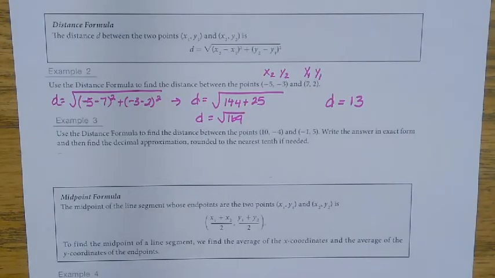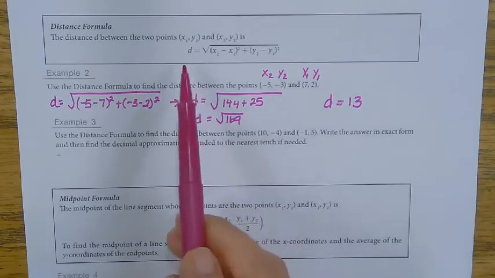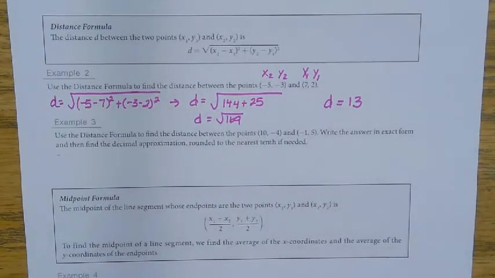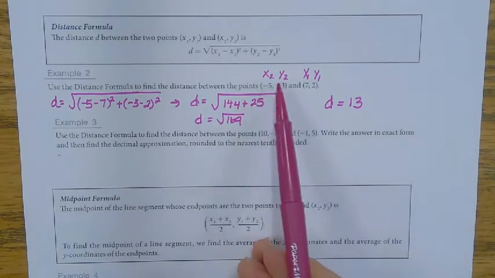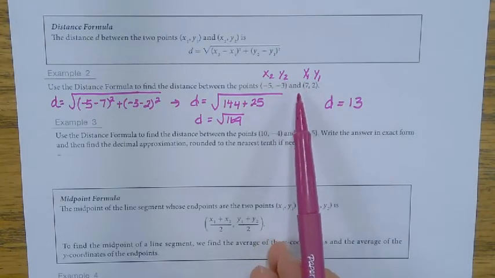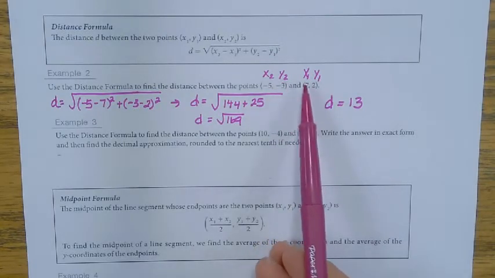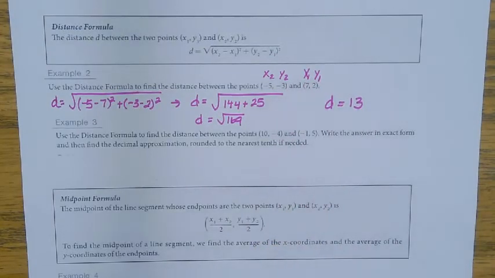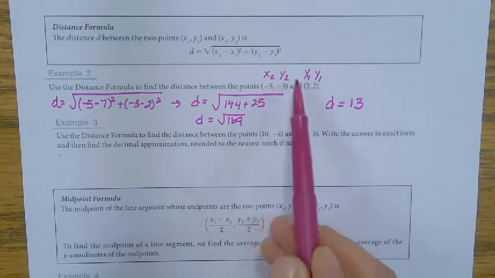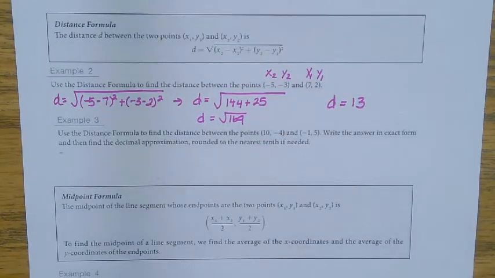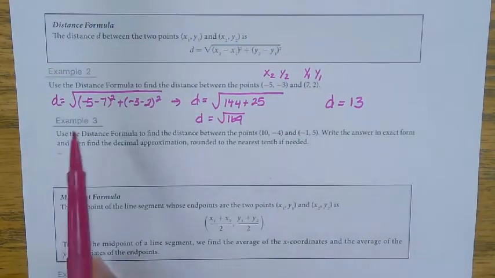Another way to find the length of a segment is to use the distance formula. So this is our distance formula, and you guys should have seen this last year. I labeled the first point x2, y2, and the next one x1, y1. It doesn't matter which point we call which, and the formula for some reason just starts with x2, so I labeled my first point as my x2s.